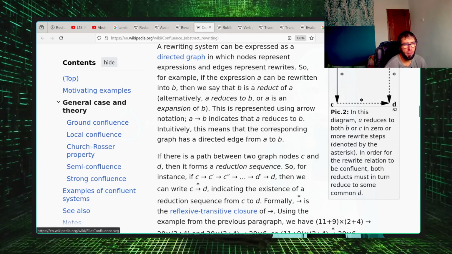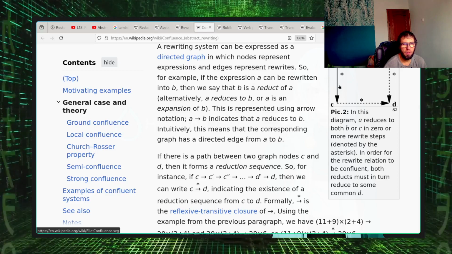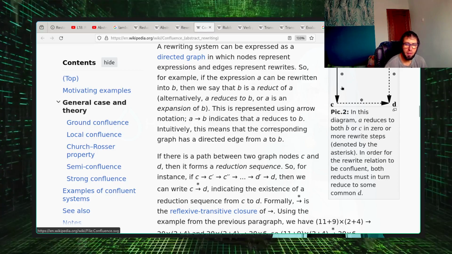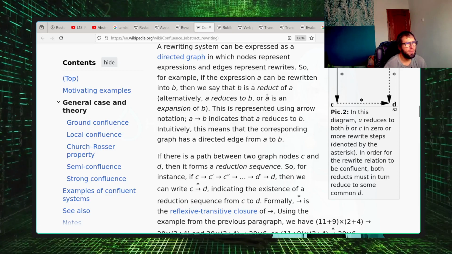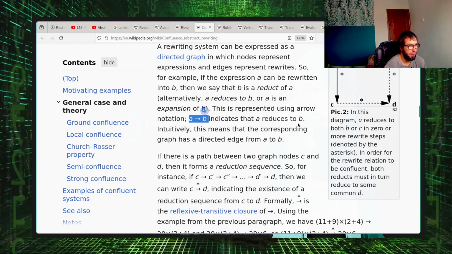So for example, here we can rewrite A with B, A with C, and if this rewriting system is confluent, then they both go to D. And so we can use arrow notation here, which shows that, for example, A to B means that A reduced to B.